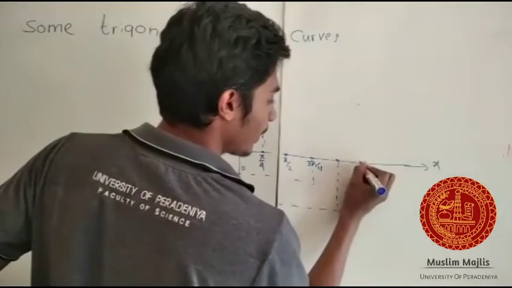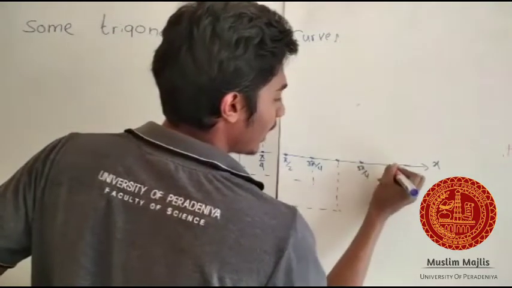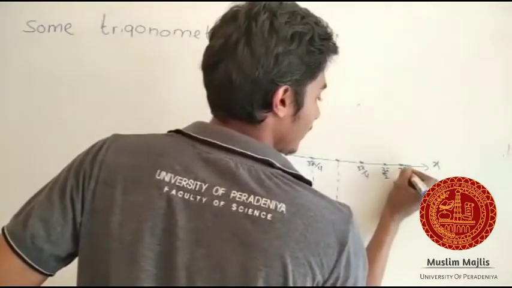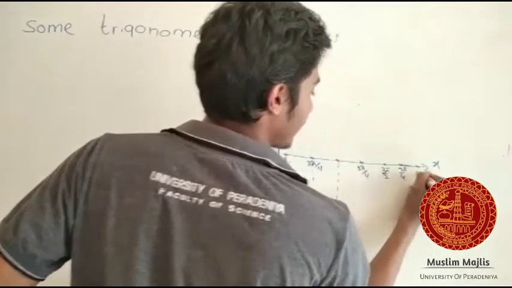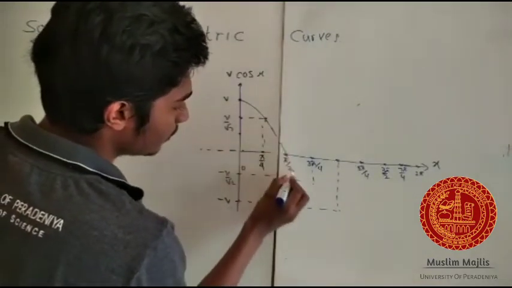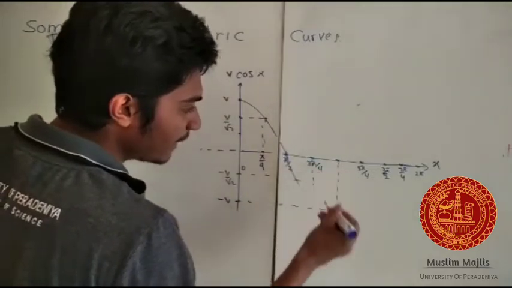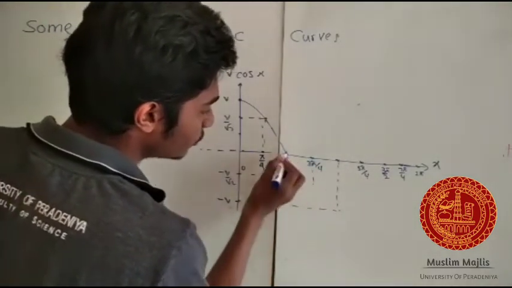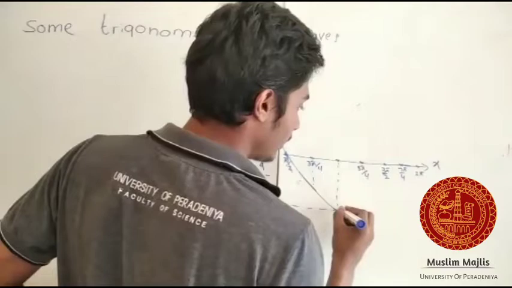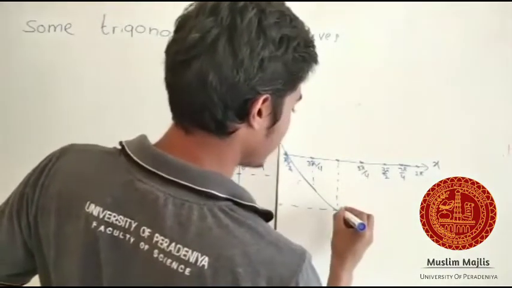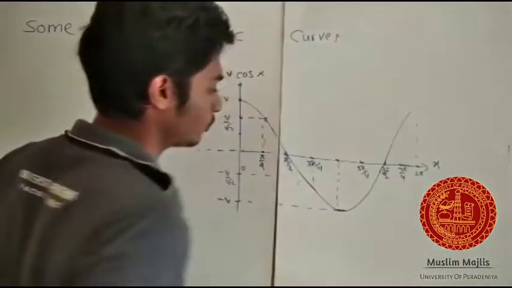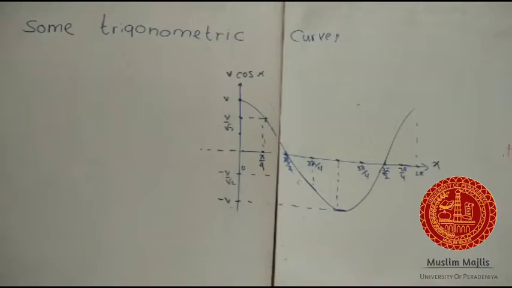Furthermore, you have 5 pi by 4, 3 pi by 2, 7 pi by 4, and 2 pi, and the curve varies in this fashion. These are very basic things which you already know. When it is 3 pi by 2, it should be at 0, and when it is at 2 pi, you again get v. So this is how the curve is going to vary.